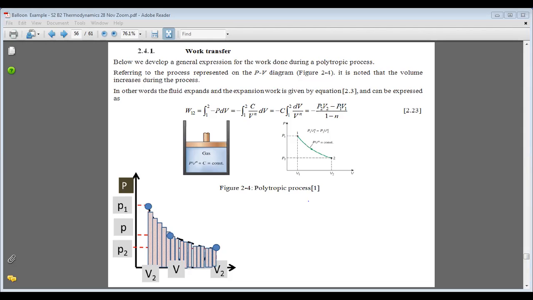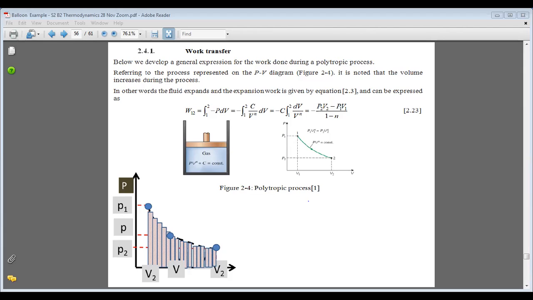So for compressors, you need minimum work input, and for turbines, we are taking work output, so that should be the maximum work output. That is important.